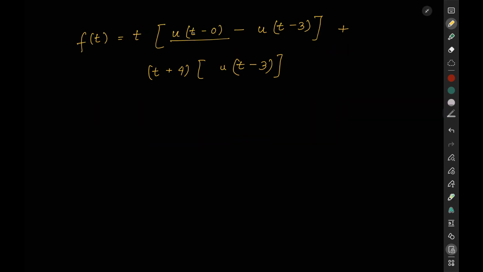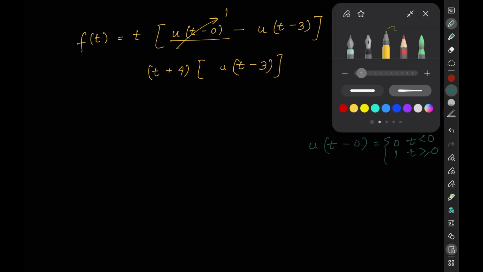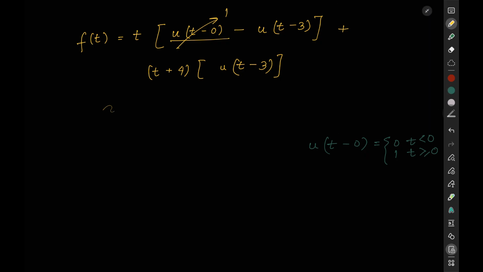Now u(t minus 0) will be 1 for t greater than 0, because the function u(t minus 0) will be equal to 0 when t is less than 0 and 1 when t is greater than or equal to 0. So the function will become t(1 minus u(t minus 3)) plus (t plus 4) u(t minus 3).